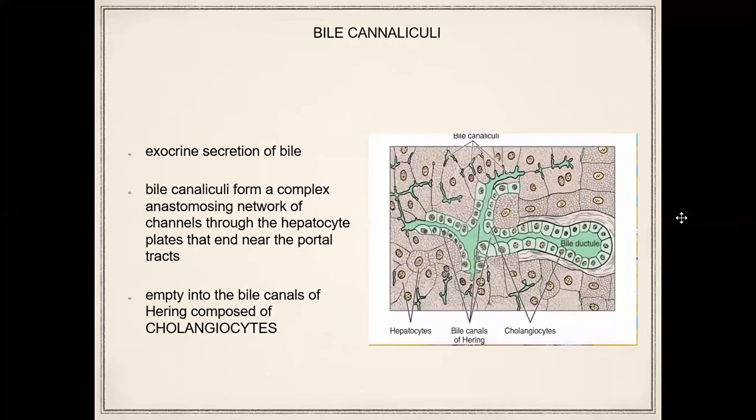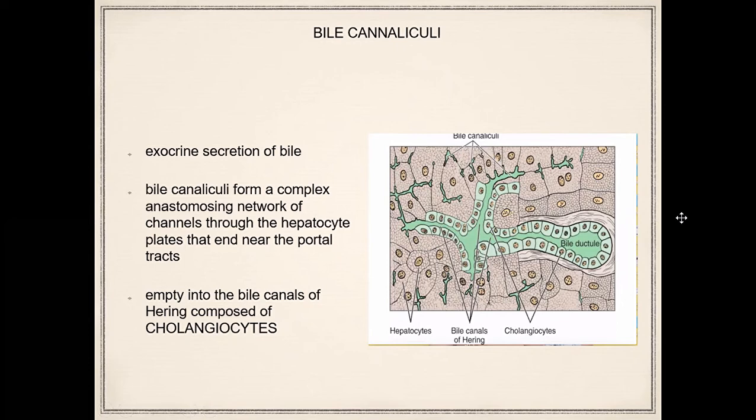The bile canaliculi are the exocrine secretion, the release of bile. Bile canaliculi form a complex anastomosing network of channels through the hepatocyte plates that end near the portal triad.